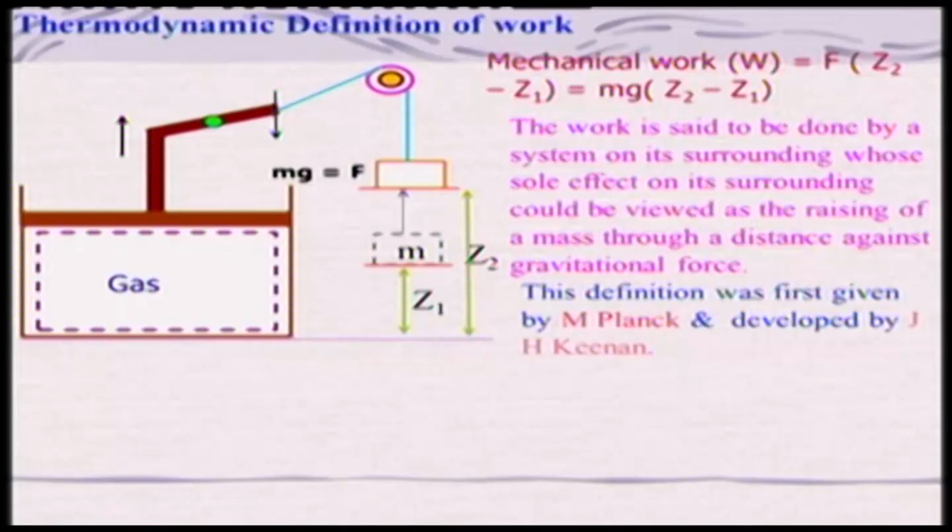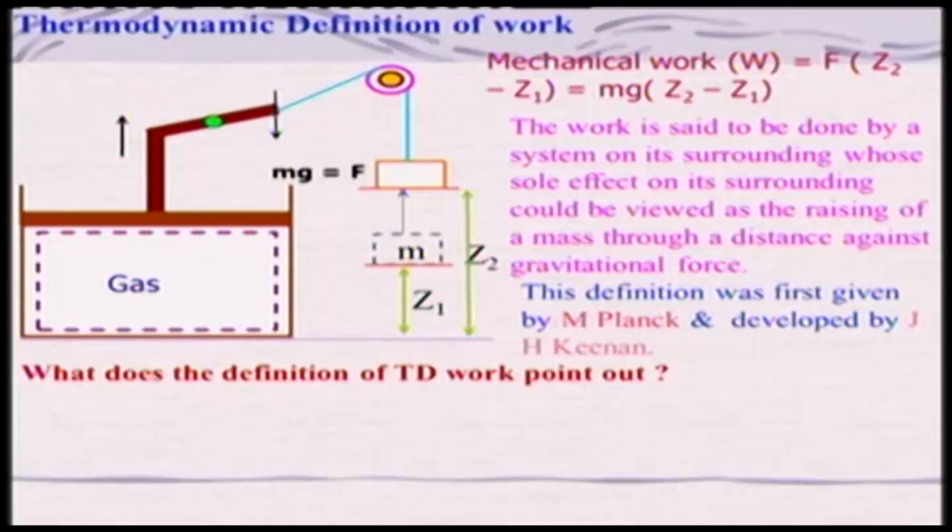This definition was historically given first by M. Planck, one of the pioneers in thermodynamics, and developed later on by J. H. Keenan. And what is the meaning of this? Is it that we will be telling, look, it has to be always raising a mass through a distance against gravitational force?